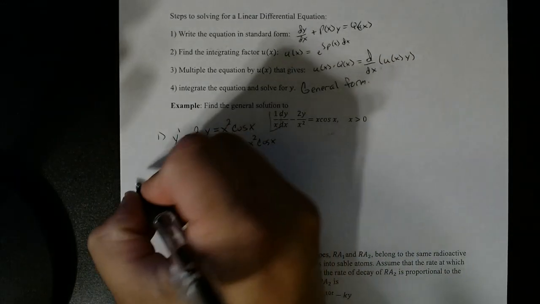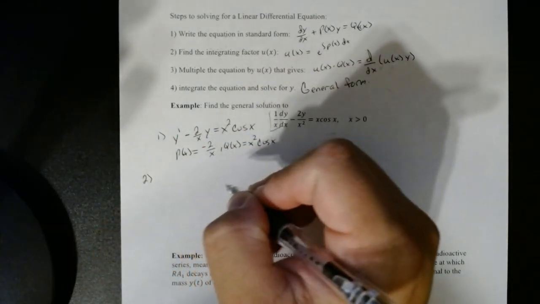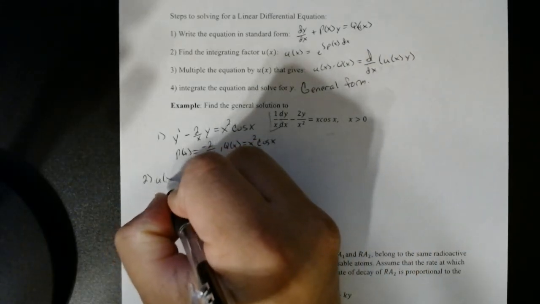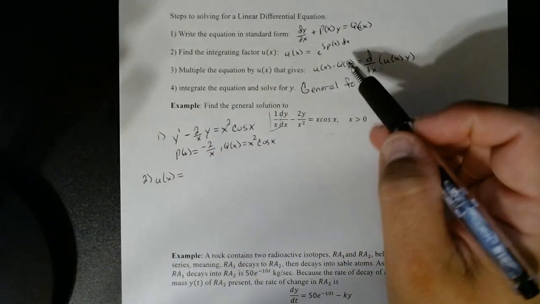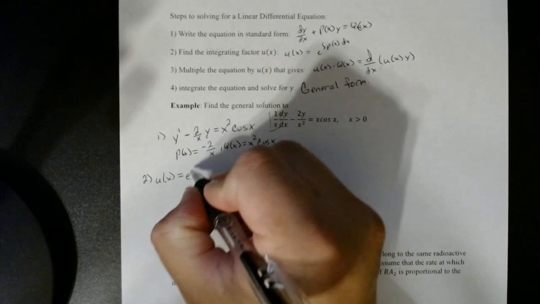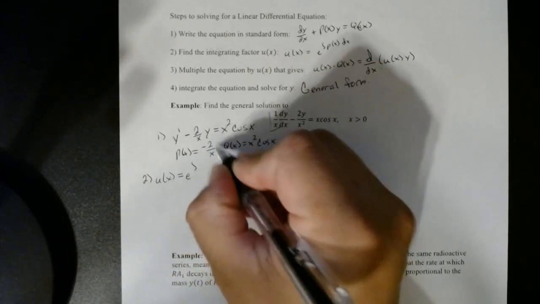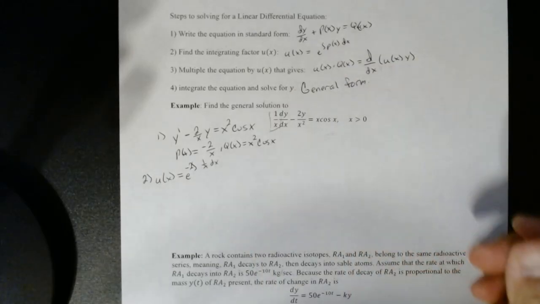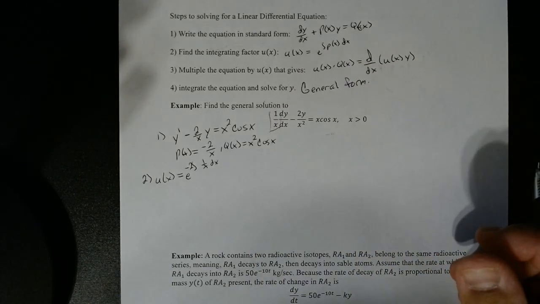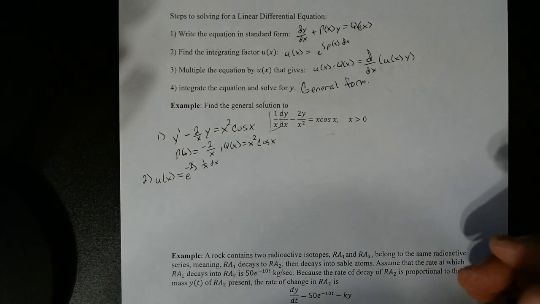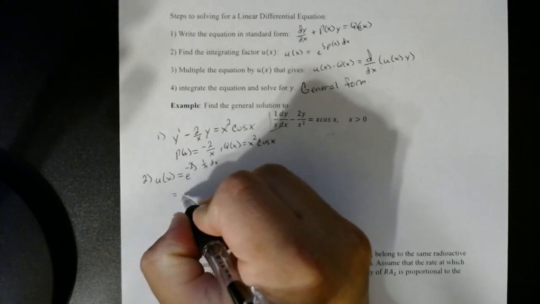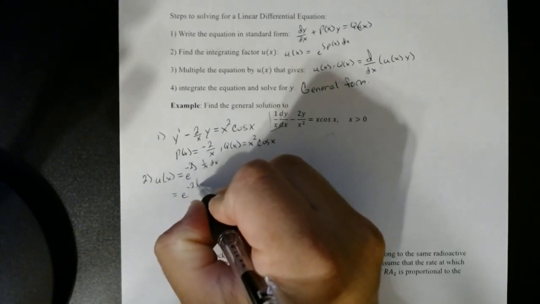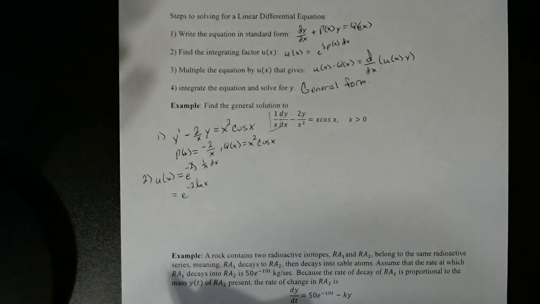Okay. All right, so that's going to help us with step 2, because in step 2 we want to find u of x, our integrating factor. And our integrating factor is e raised to the integral of just this. So if I put the negative out here, it's 1 over x dx. And the integral of 1 over x is natural log. So that gives us that.